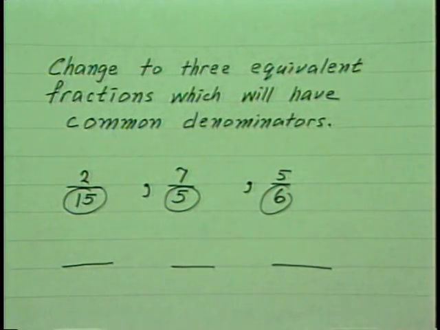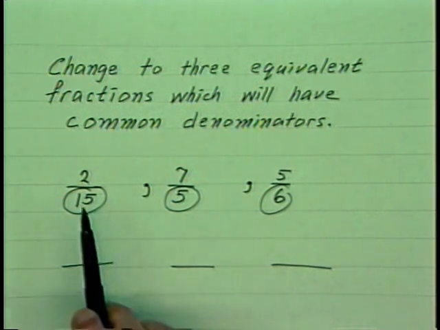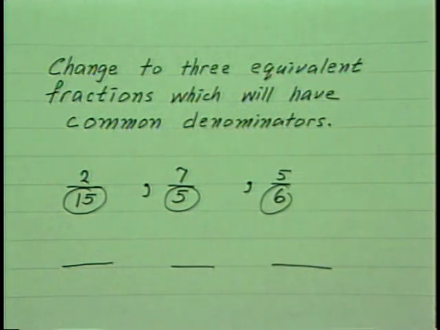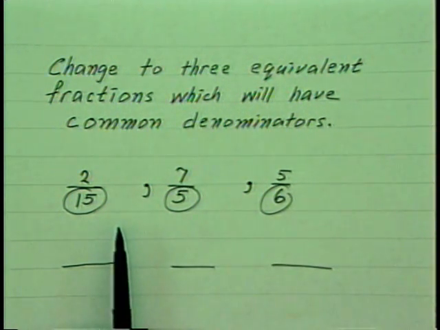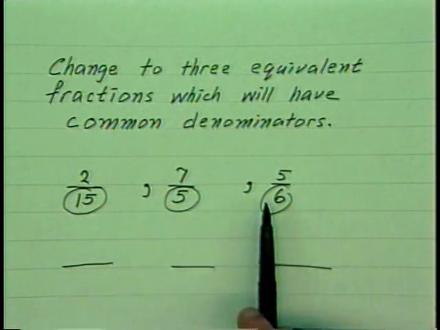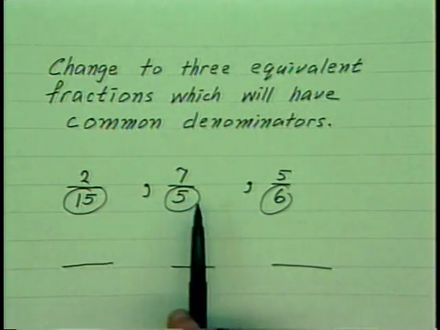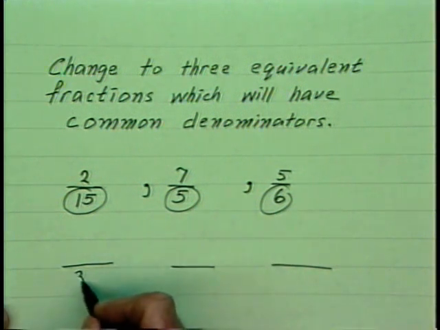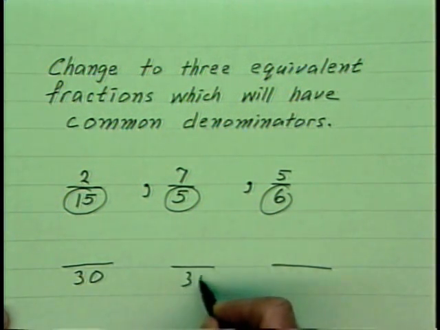Our question still is, what's the lowest number that 15, 5, and 6 will divide into? In this case, these still are simple enough that we can just look at each denominator, think just a little bit, and come to the conclusion that it must be 30.